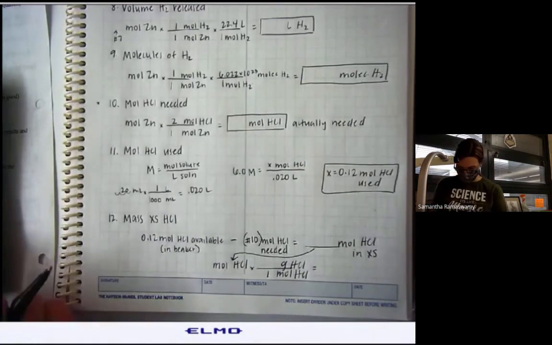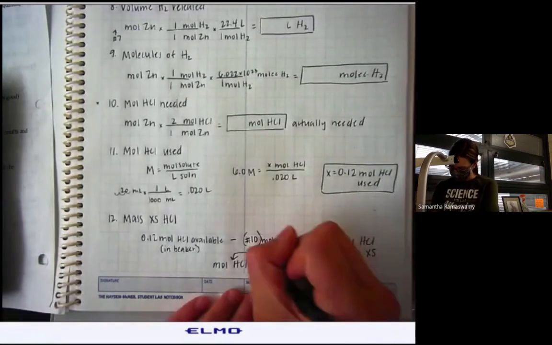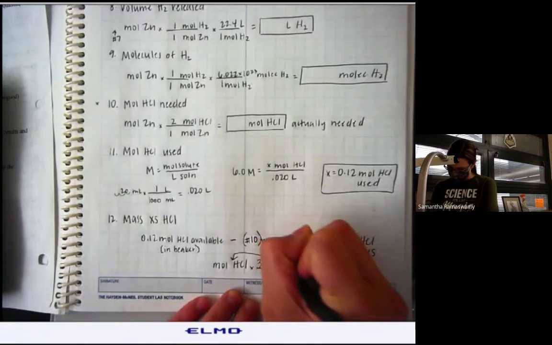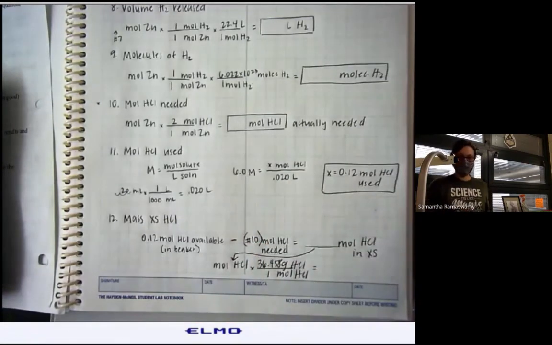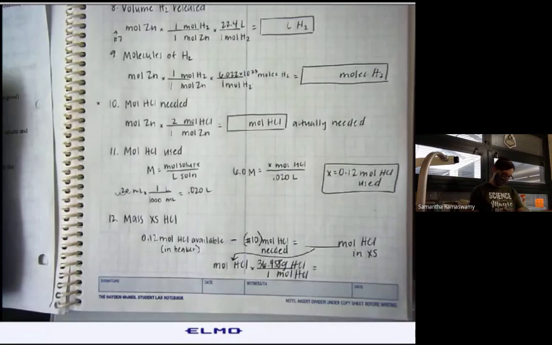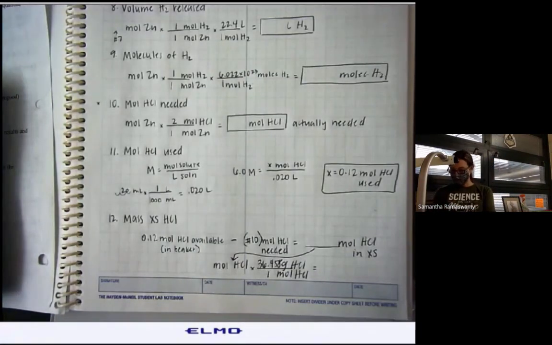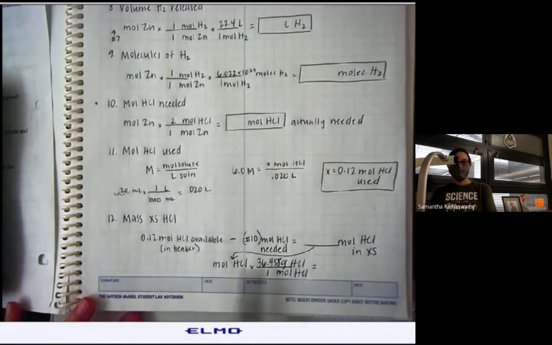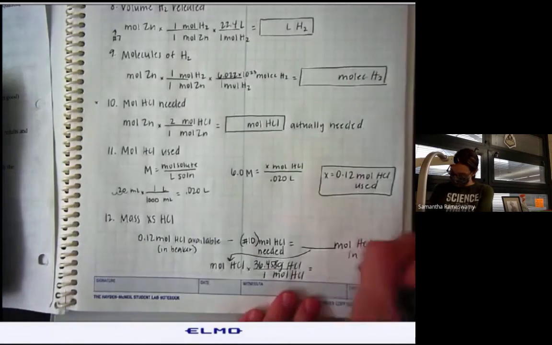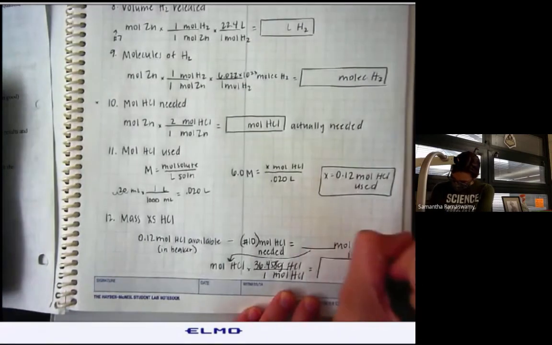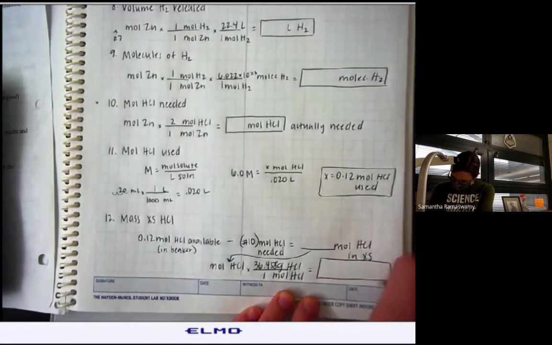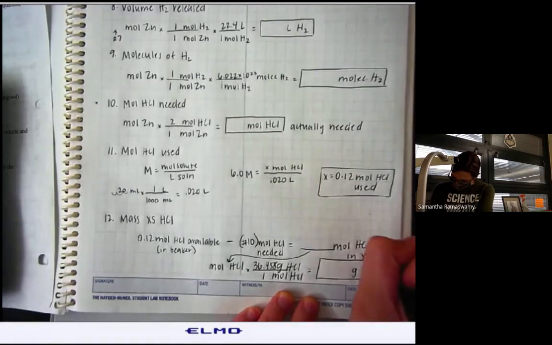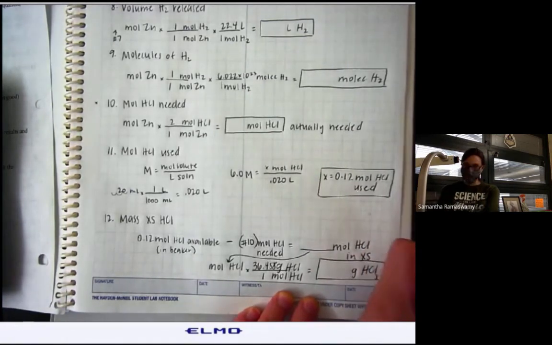So 1.008 is hydrogen, 35.45 is chlorine, 36.458 is your molar mass. So take your moles of HCl that were in excess, multiply by the molar mass. This will be grams of HCl in excess.